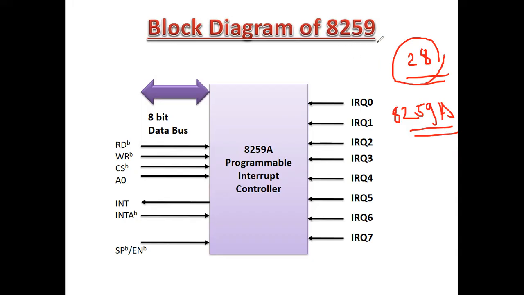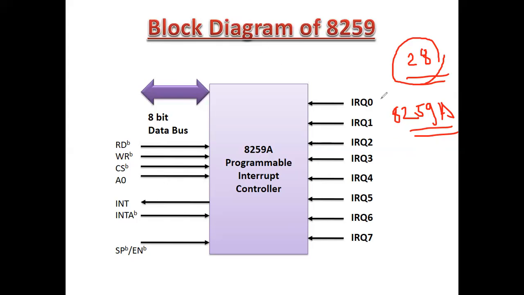Earlier the 8259 IC was used with the 8085 microprocessor, but for 8086 we have to use 8259A, and this is compatible with both 8-bit as well as 16-bit microprocessors. The earlier version of 8259 IC is compatible with only 8-bit microprocessors, but this one is compatible with both 8-bit as well as 16-bit microprocessors.